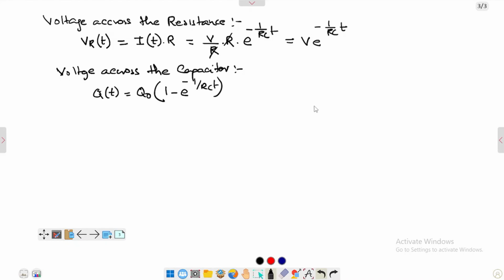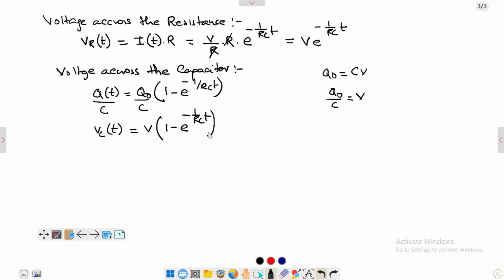And we know that Q naught equal to CV, so Q naught by C gives me V. So I will divide both sides by C. So what I get is VCt, the voltage across the capacitor, is V times 1 minus e to the power minus 1 by RC t.